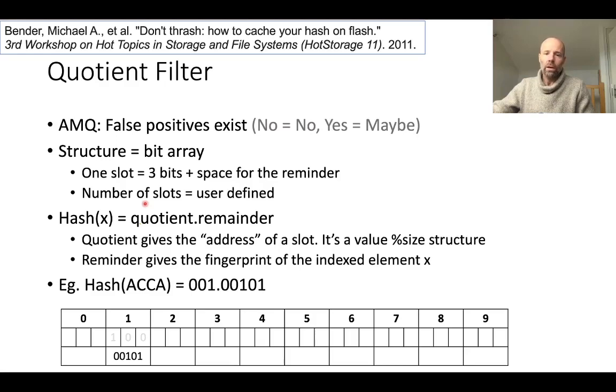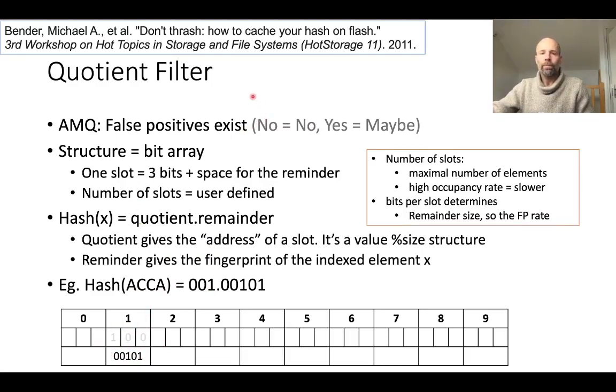So for instance, if you want to add the element ACCA into your quotient filter, and imagine the hash value of ACCA is 001.00101. You consider that the first 3 bits are the address, so the quotient of ACCA, so at address 1001, you store the remainder. And there are some 3 bits, we're going to see how they work.